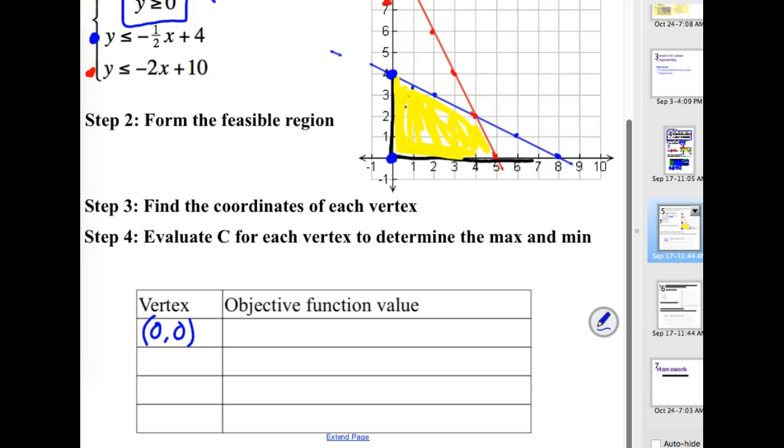That one would be 0, 4. Okay? And how about this one, where those cross. This one here. 4, 2. All right, and last one here would be 5, 0.